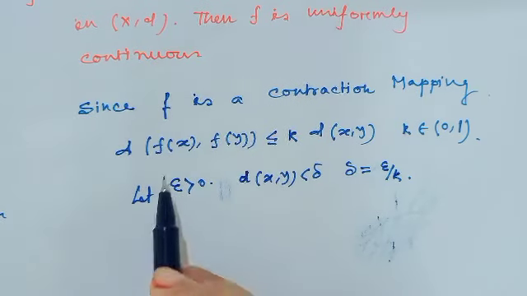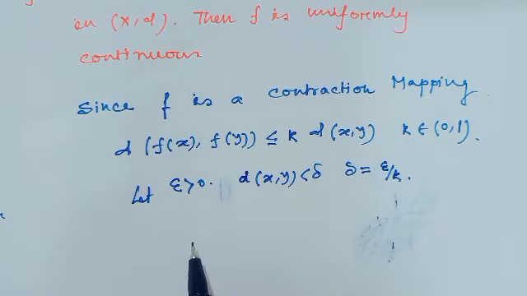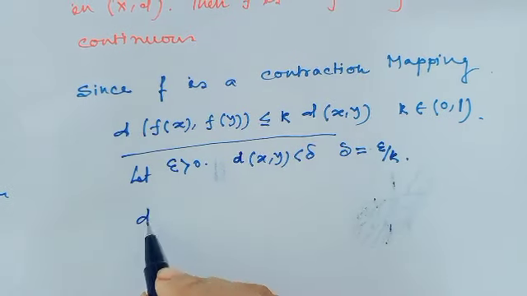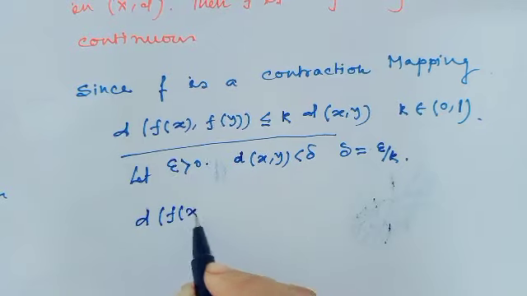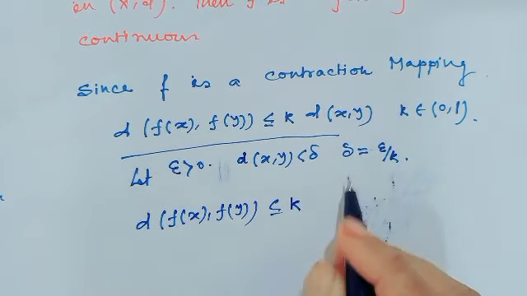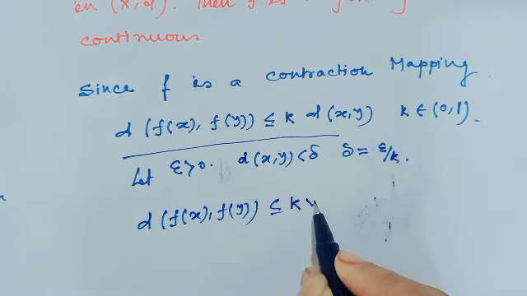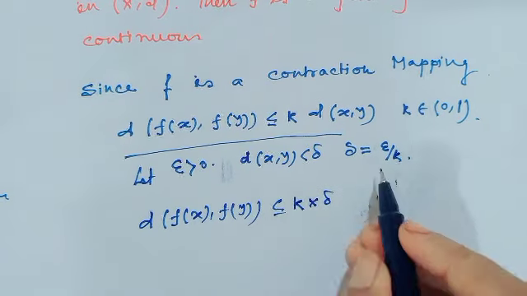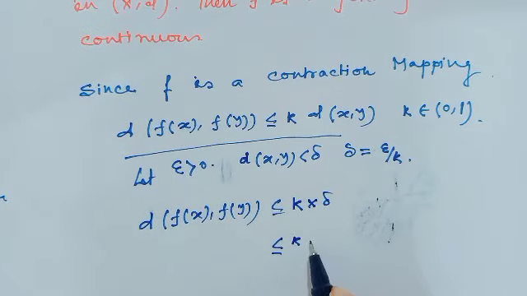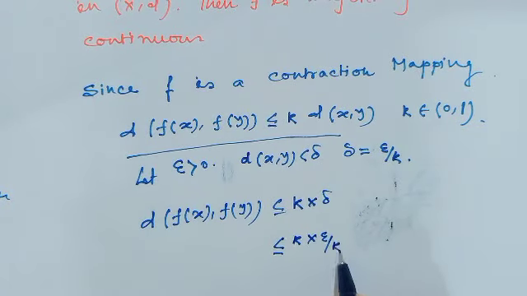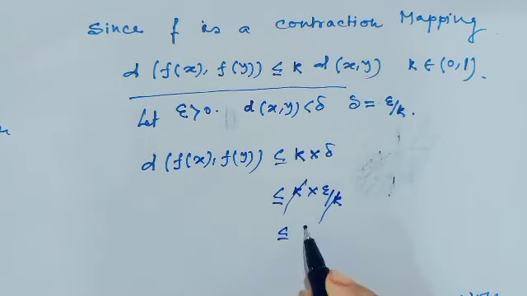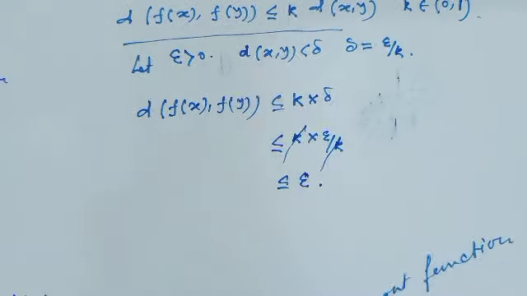Then from this inequality we can write d(f(x), f(y)) ≤ k·d(x, y), and here d(x, y) is less than delta, where delta equals epsilon over k. Therefore this is less than epsilon.